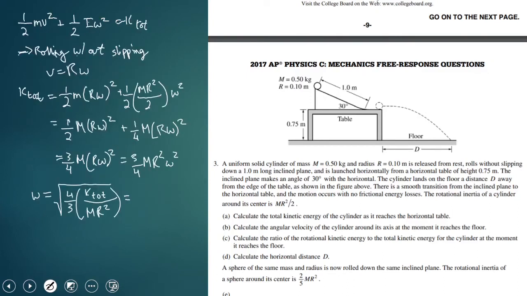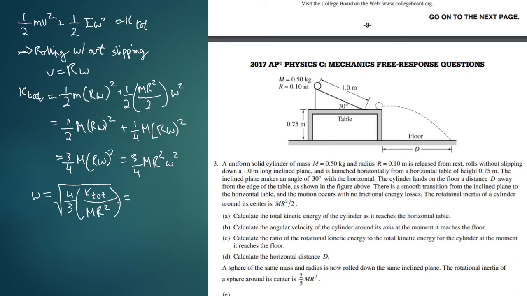So I get 2.5 times 4, which is 10. Now on the bottom, I have 0.5 times 0.1 squared, and then times 3. So I have 10 divided by that answer, and then we take the square root. And so we should get something like 25.8, I believe.